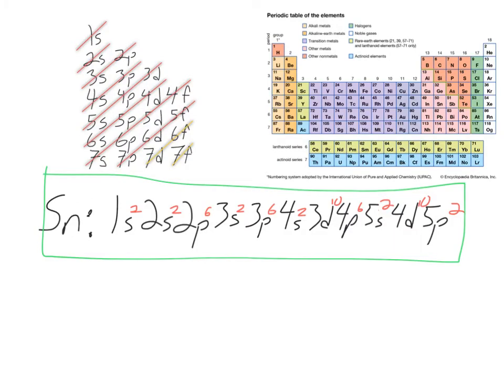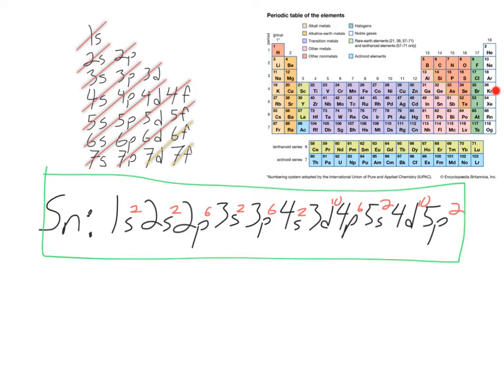So this is our previous example of our full notation for tin, element number 50 on our periodic table right here. And it has a whole lot of orbitals that it takes up. But if we look at the energy level before where we find tin, so we find tin on energy level 5, right, or period number 5, the noble gas of 4 is krypton.